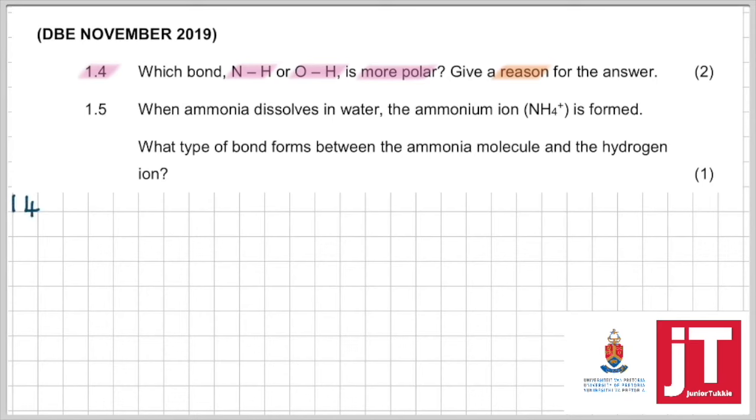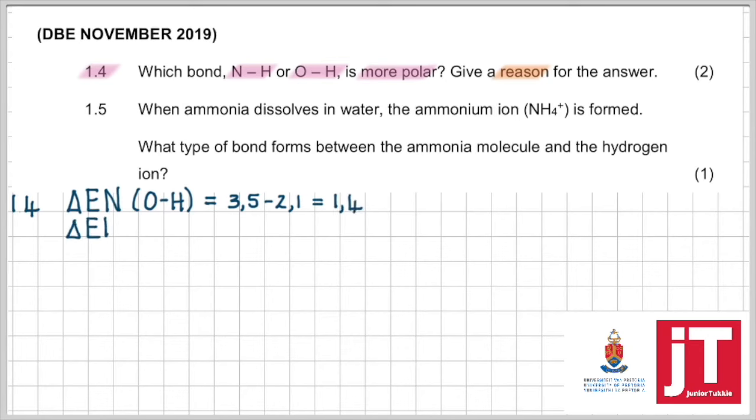Let's start off with the bond between oxygen and hydrogen. We always take the bigger electronegativity and subtract from it the smaller electronegativity. Oxygen has an electronegativity of 3,5. Hydrogen has an electronegativity of 2,1. So we say 3,5 minus 2,1 and obtain an answer of 1,4.